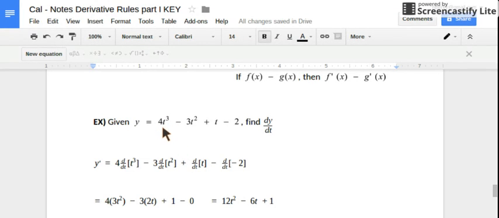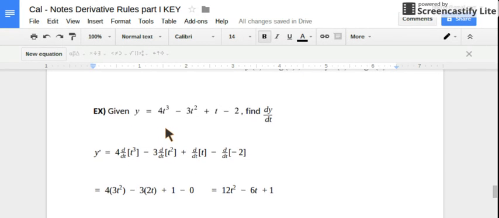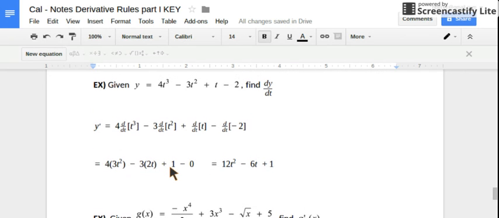So the derivative of 4t cubed is really just the derivative of t cubed times 4. Derivative of t cubed is 3t squared, and that becomes 12t squared. Then we find the derivative of this negative 3t squared, which is really the derivative of t squared times negative 3.